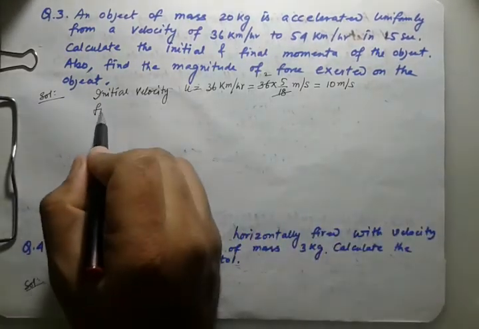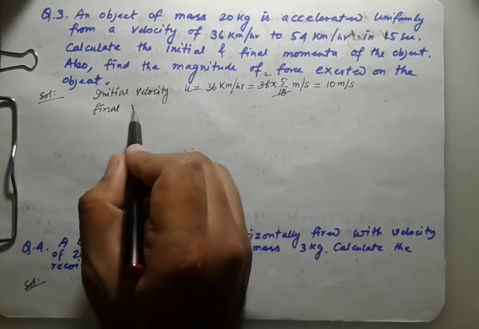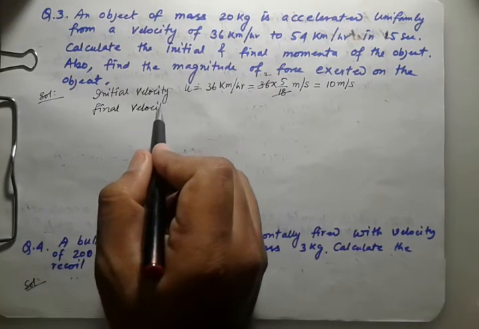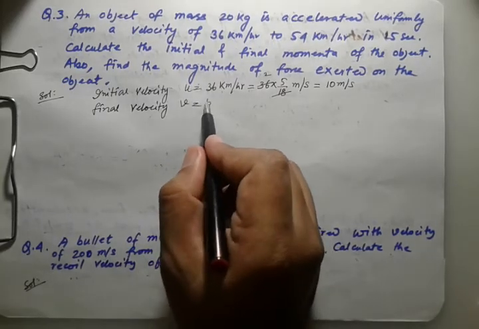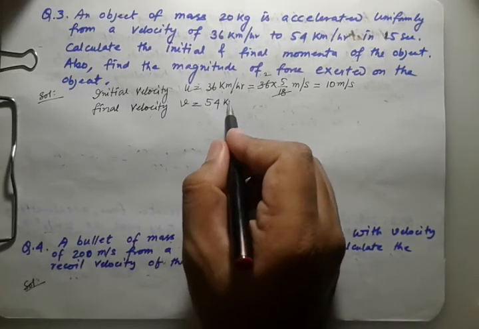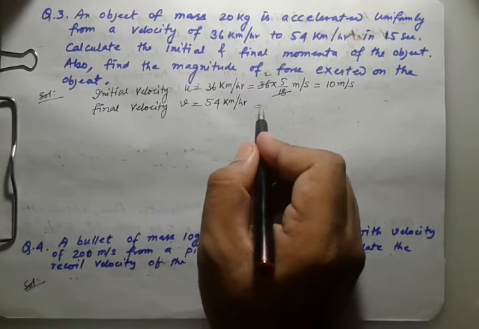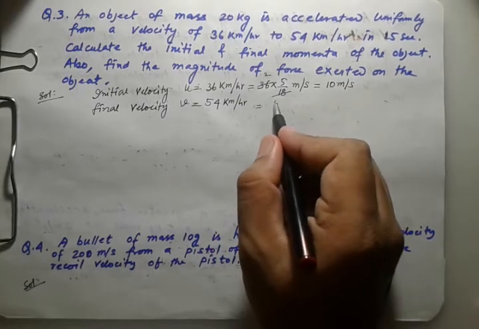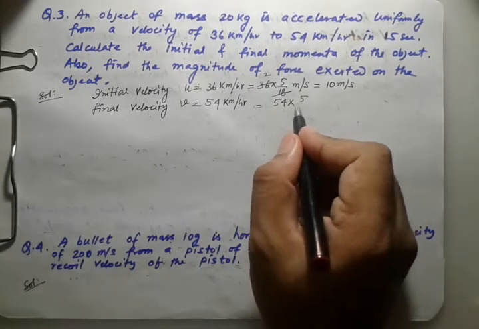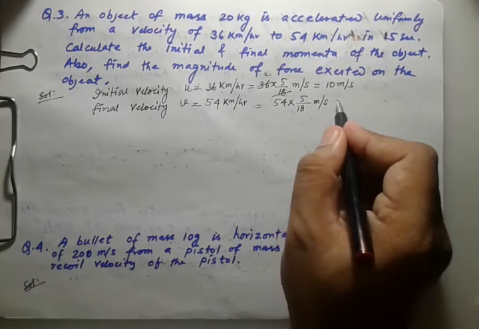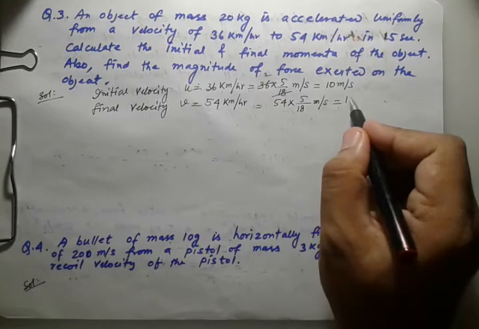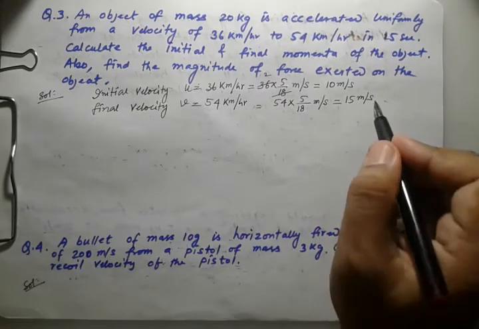Final velocity v will be equal to 54 kilometer per hour, so nothing but 54 into 5 by 18 meter per second, which is equal to 15 meter per second.